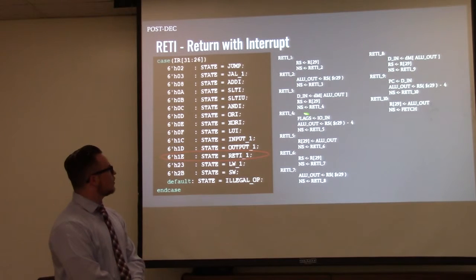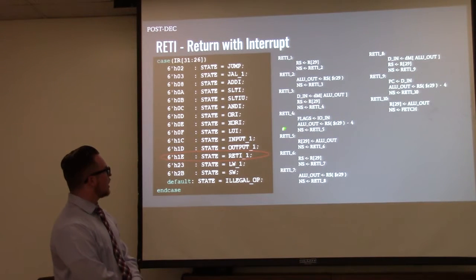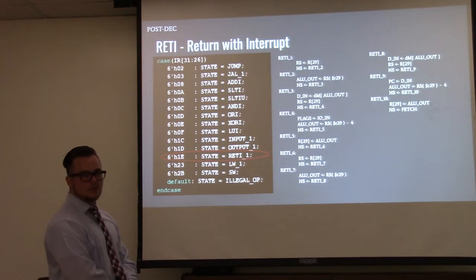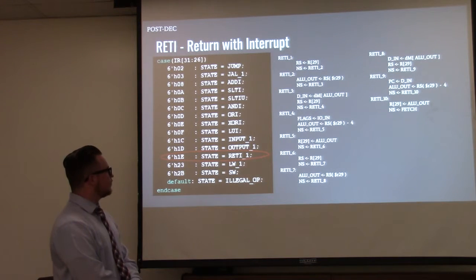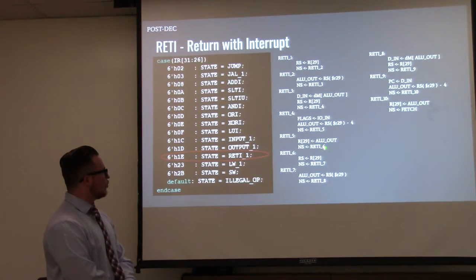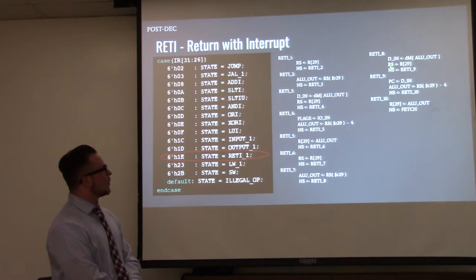So then here, we decrement the stack pointer. We put the contents back into the stack pointer, because it's a post decrement. Then we grab the stack pointer value, ALU out, and put the data, which is now the program counter, onto the DN register.